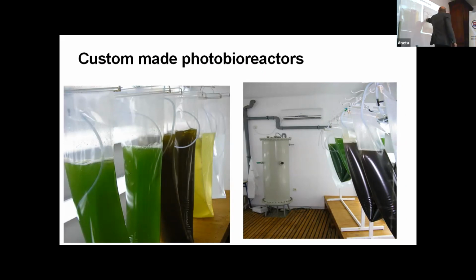It was a plastic cylinder with six fluorescent lamps. Each lamp was in a glass cylinder, and this one is not in use yet. We were supplying it with the media, and taking out one third every week. So we established some kind of continuous culture in this photobioreactor.